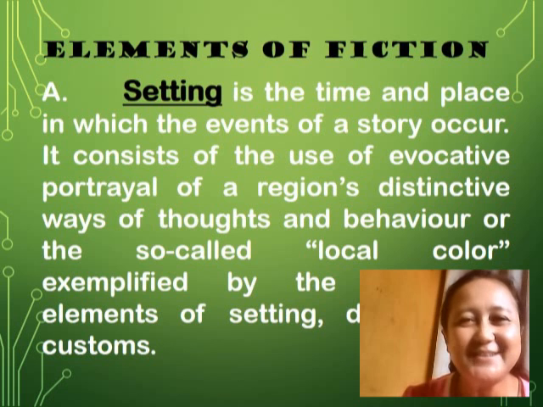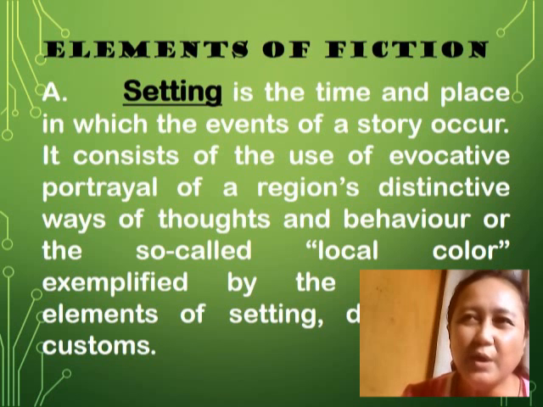sometimes we call them flowery words. For example, when I say local color, we have to consider what is in our place, what is common, what are the things that we see. For example, here in Masbate, we are called the cattle country. That is a famous word.